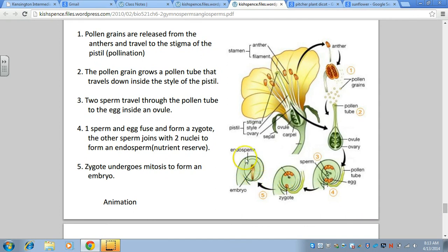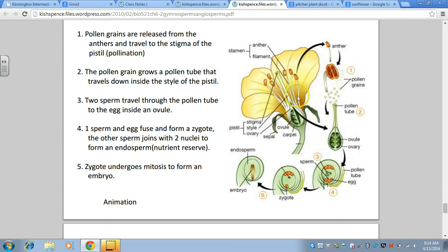So as soon as it divides once, we call it an embryo. And then eventually the seed will be in the right conditions. If it's going to germinate, it has to be in the right conditions, and then it'll germinate to form the new plant.